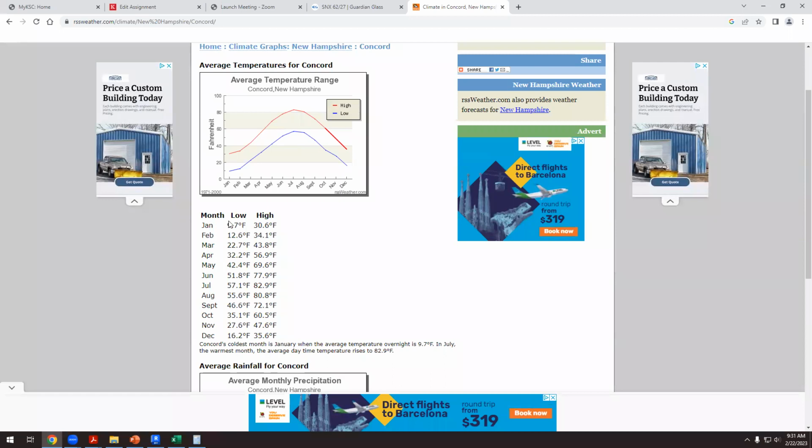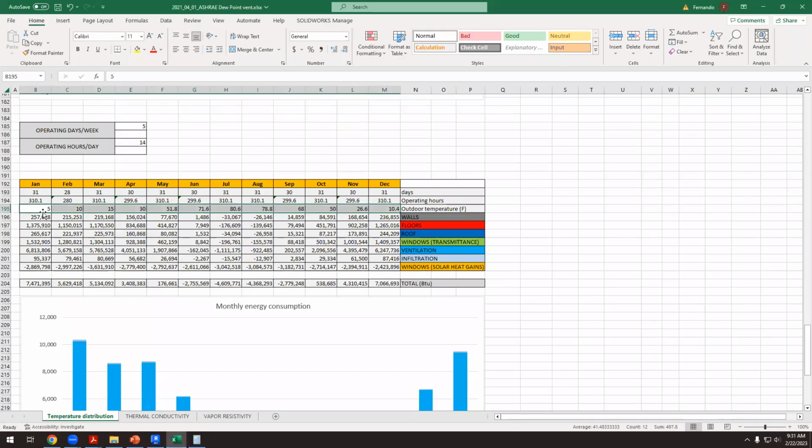Even more, I would use in winter, January, February, March, and April, the low average, and in summer, June, July, August, and September, I would use the high average. Okay, so this is what I have done. So if we want to keep that information correct, but probably we will have other, because I think I used this average temperature. I found this for Keene, New Hampshire.